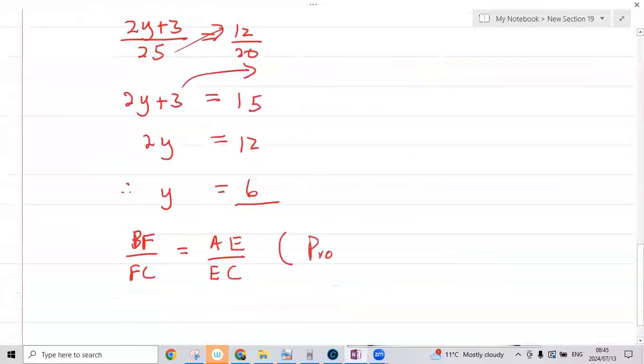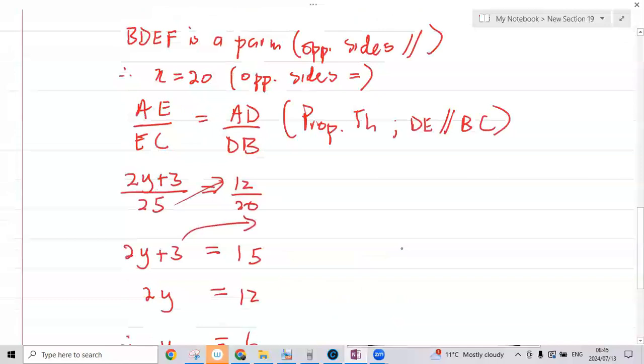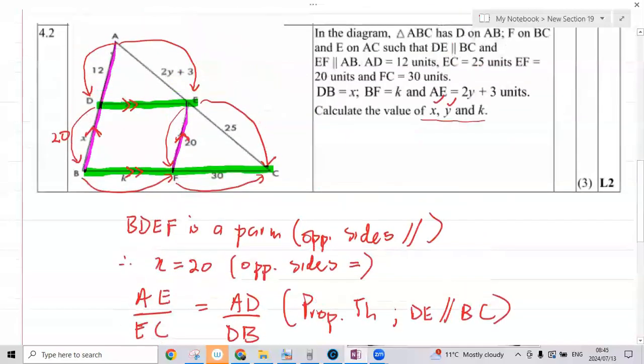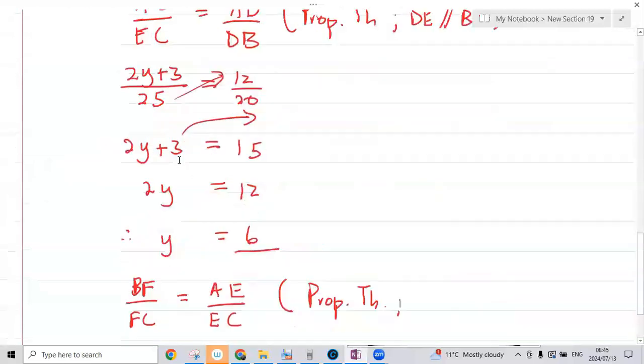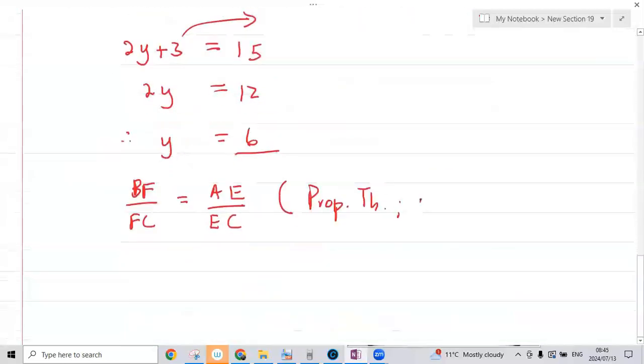Then we're going to write down prop theorem. Remember, prop theorem is short for proportionality theorem. And always write down the pair of parallel lines. And the pair of parallel lines there is AB parallel to EF.